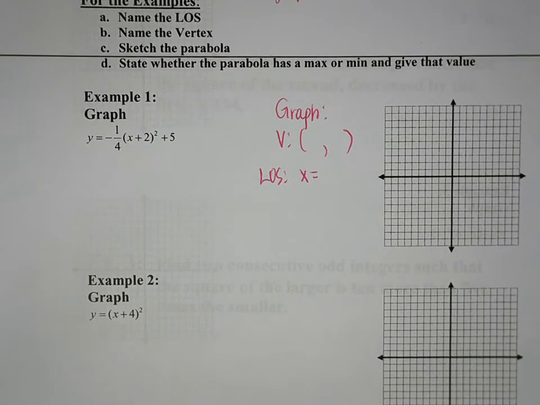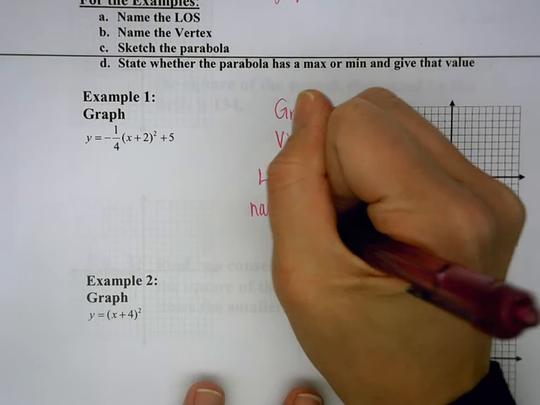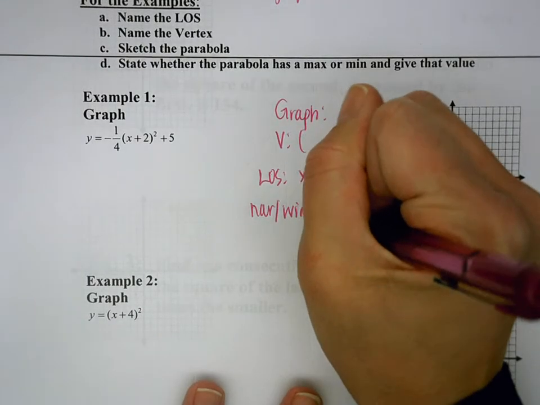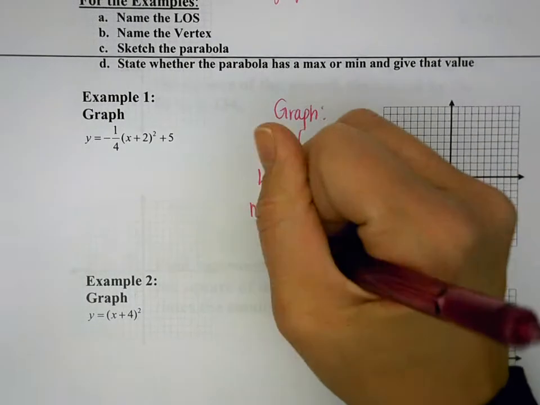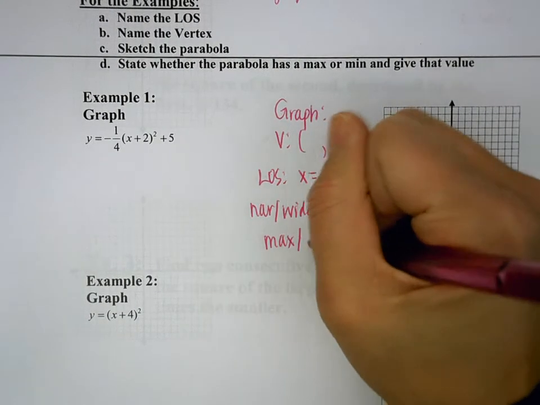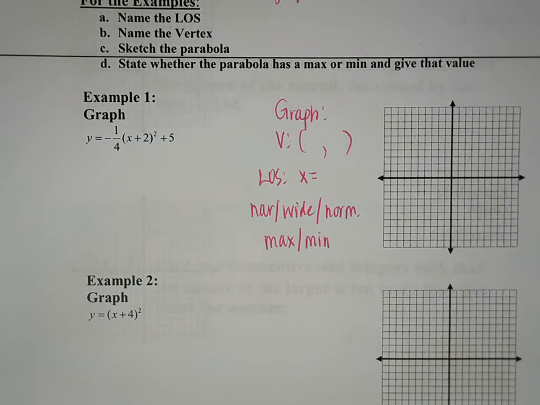Then I want you to state if it's narrow, wide, or normal. And you also need to state the max or min. Can it be a max and a min? No, it's only going to be one or the other. Correct?